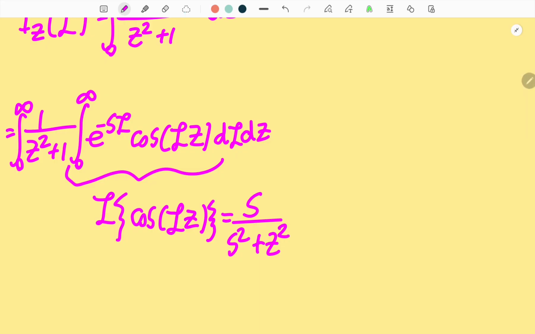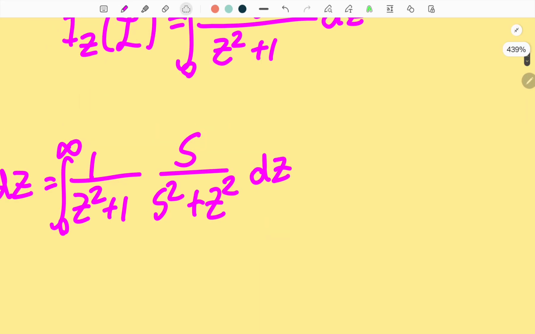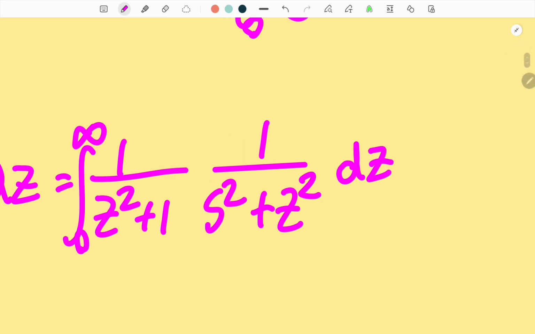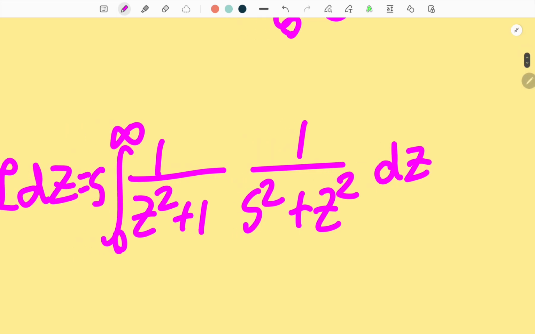Let me go ahead and put this down. There we go. I went ahead and wrote it down. So the first thing we can do with this integral is take the s term outside of the integral. There we go. And then the way we solve this integral is by using a partial fraction decomposition.